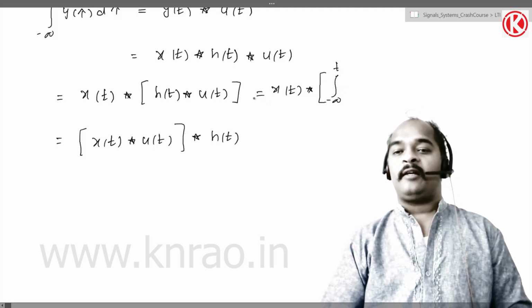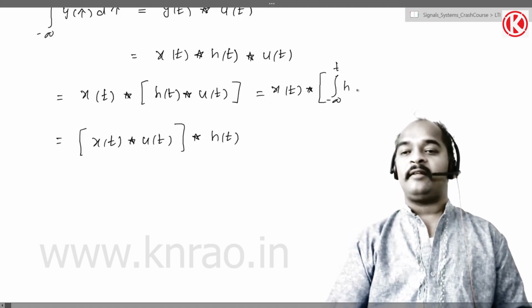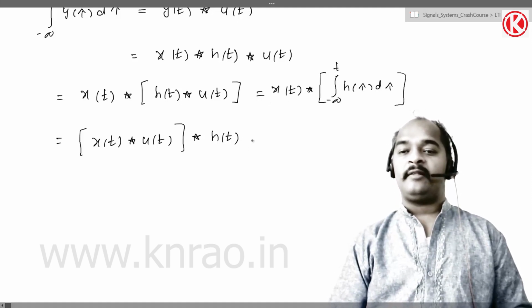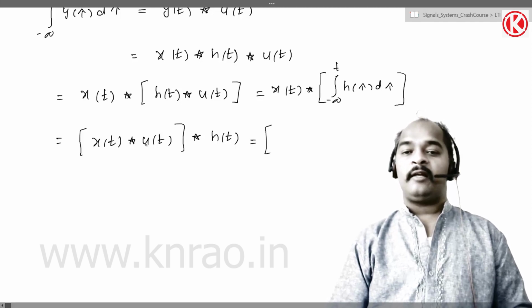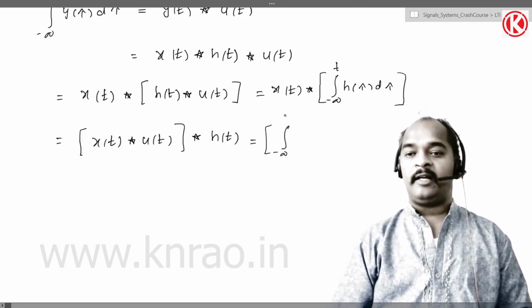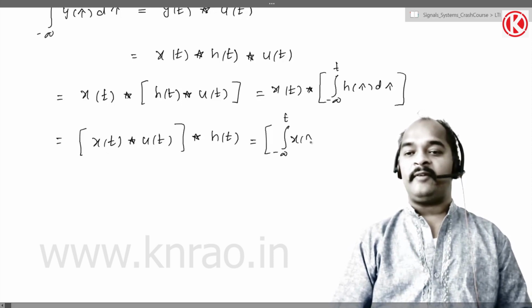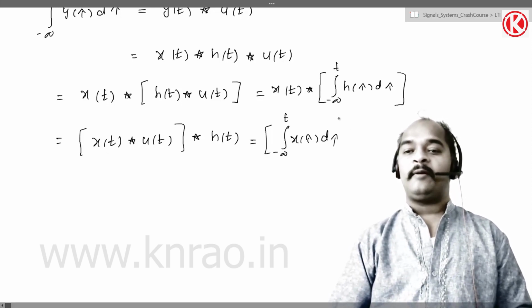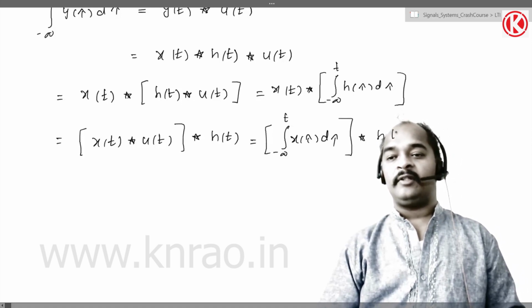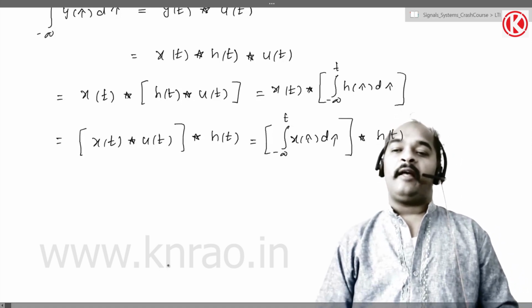So in this case you get the integral from minus infinity to t of h of tau d tau, and similarly, since you are convolving x of t with u of t, you get the integral from minus infinity to t of x of tau d tau, and this is convolved with h of t.